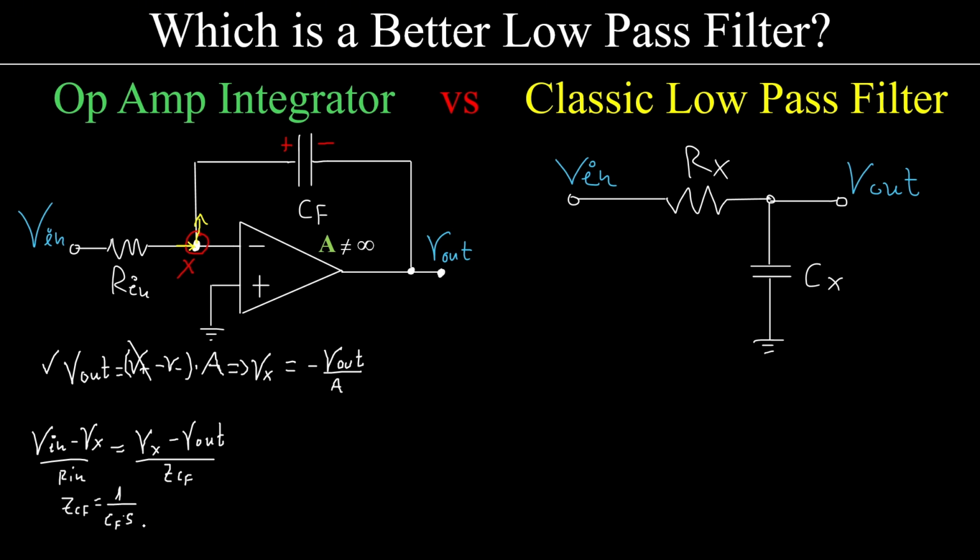It's 1 over CFS, with S being the frequency, or better, the speed of the incoming signal. Now, if we take Vx, replace it inside here, and we take 1 over CFS and replace it over here, we get the output over the input. If you do the math, I will give it to you as an exercise, you can do it yourself. We have the following result.